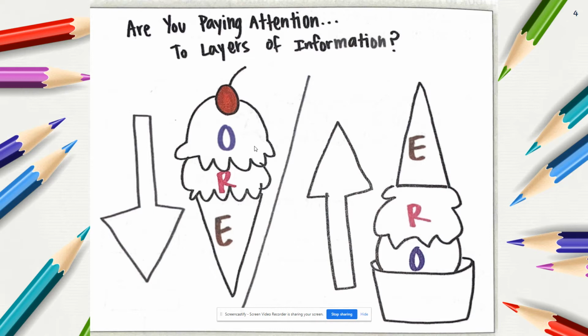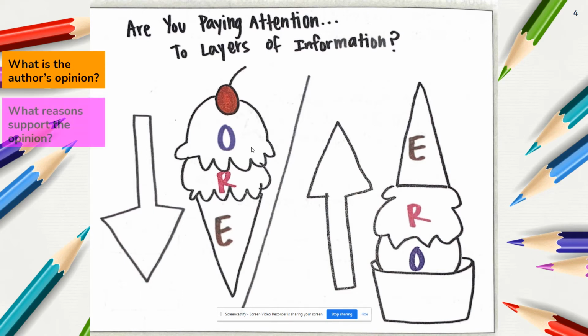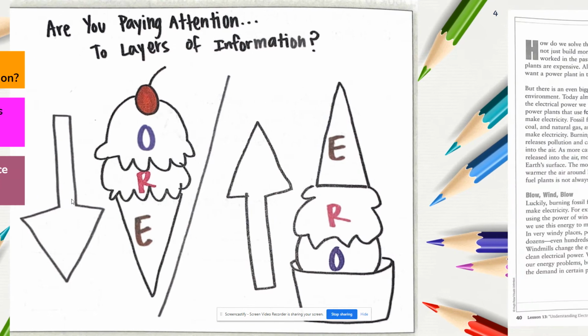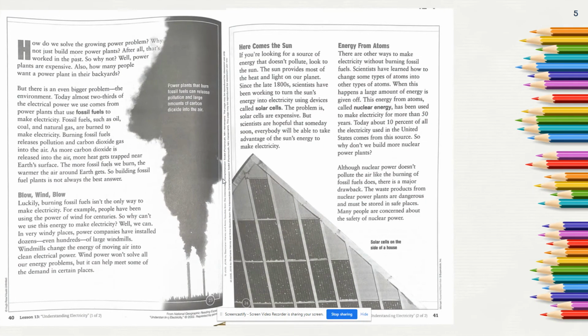There are many questions that you can ask yourself when determining opinion, reasons, and evidence within a text you're reading. Some of these questions are, what is the author's opinion? What reasons support the opinion? And what evidence back up the reasons? You can also summarize the information that you learned.